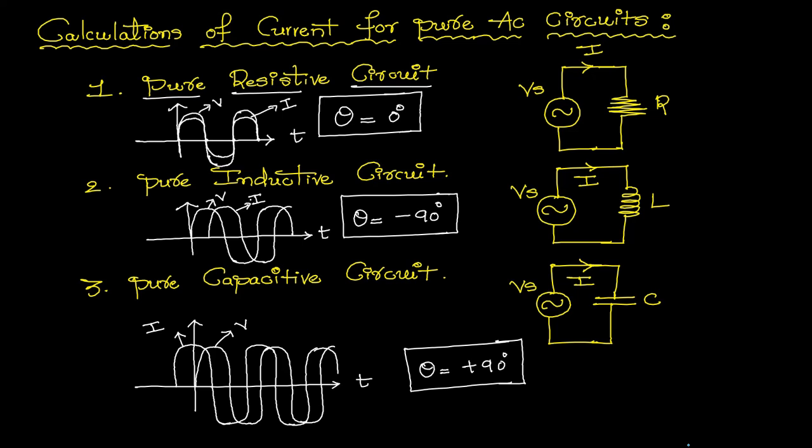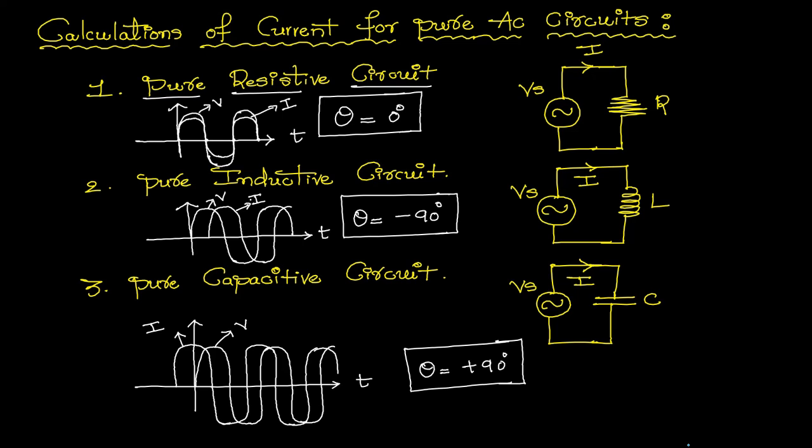Because of this, there is some difference between the voltage and the current waveform. In a purely inductive circuit, the current lags the applied voltage by exactly 90 degrees. That is the reason why the phase angle between voltage and current is always minus 90 degrees.